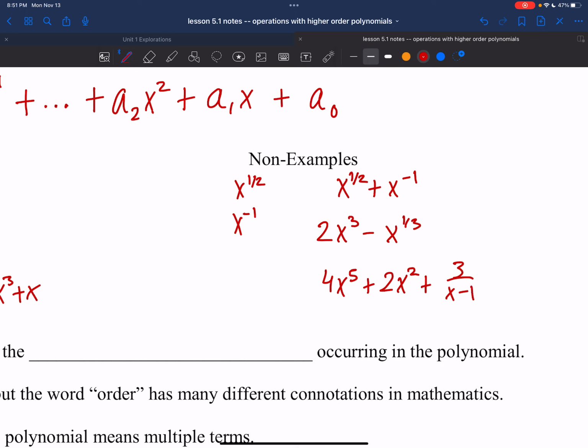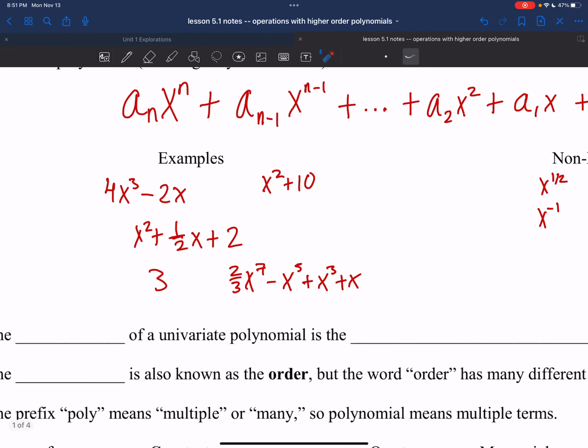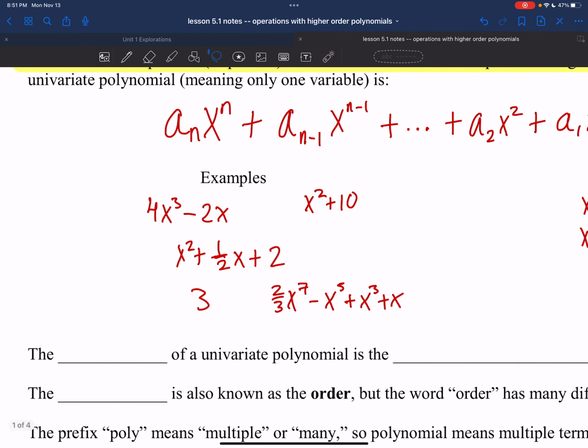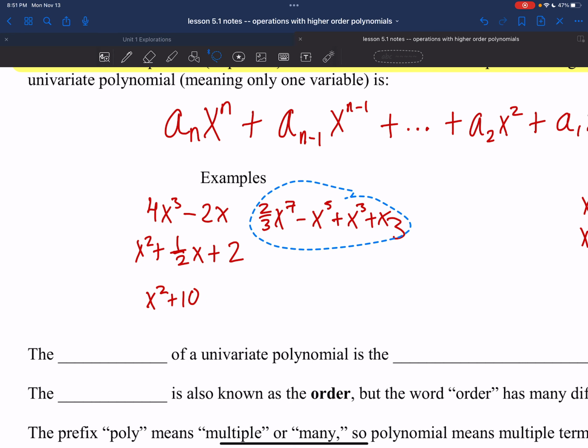That's not a polynomial. So the idea is polynomials have variable terms with whole number exponents. That's it. The coefficients could be anything, although we usually limit our coefficients to rational numbers, but that doesn't mean they have to be. I just want to move these around so they look more aesthetically pleasing.